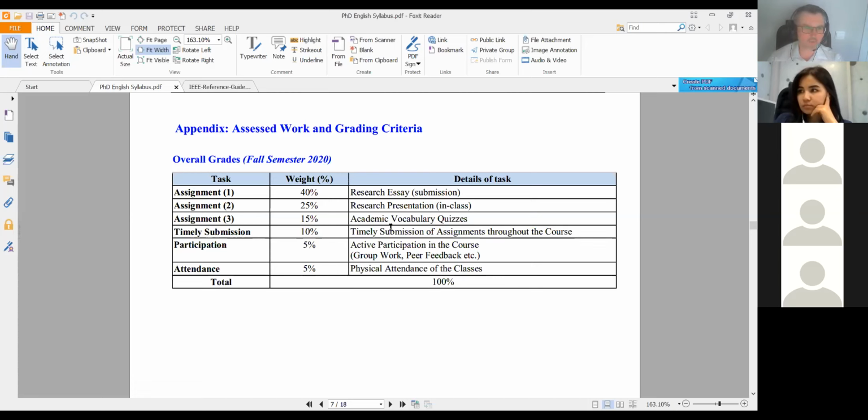Okay, I got a question from Valeria. How long should the essay be? I'm not going to give you the limit in words, because we have a parameter of effective writing, which is called conciseness. So your essay has to be concise, as short as possible, but there are strict requirements in terms of structure.